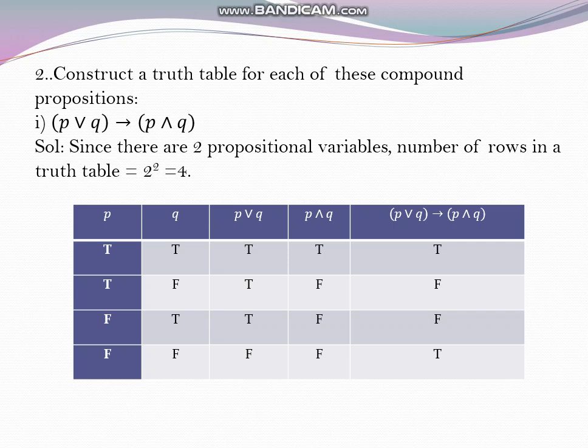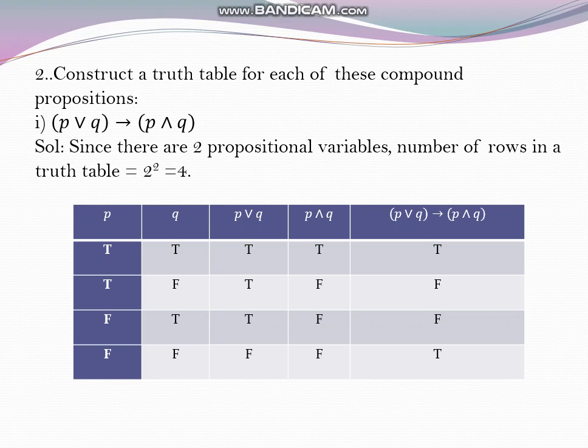Now let us see the third column. We know that an OR statement is false if both of them give you the false value. So this is false, otherwise the statement is true. So it will give me TTTF. I know that the P and Q statement is true only if P and Q both of them are true. This will give me TFFF. Now the last column, P or Q implies P and Q. So we are talking about the third and the fourth column.